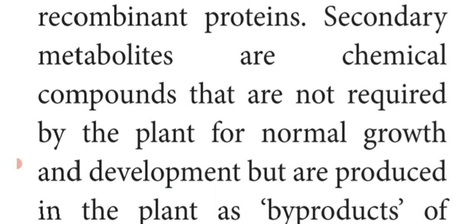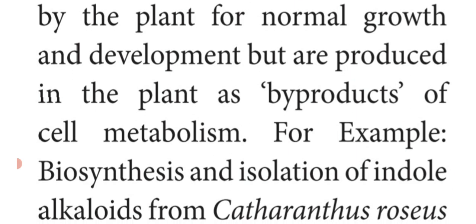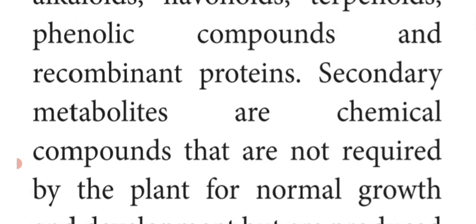They are not involved in the metabolic activities for the growth and development of the plant, but they are produced as a byproduct of cell metabolism. That means they also help the metabolic activities, but they are not directly responsible for them. So what is secondary metabolites is an important 2-mark question.